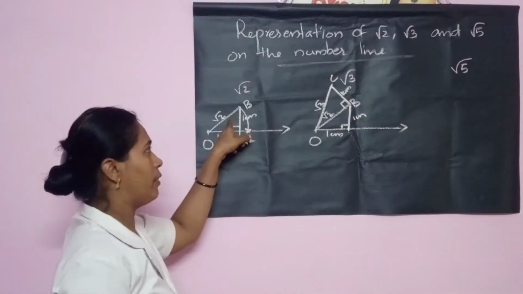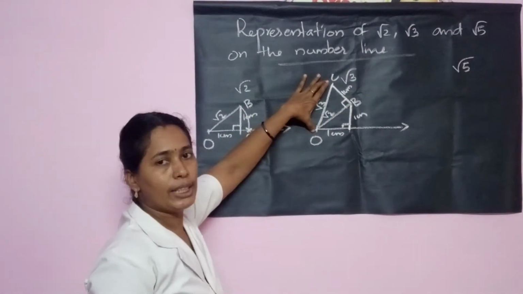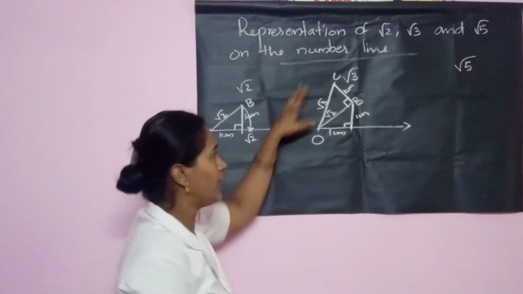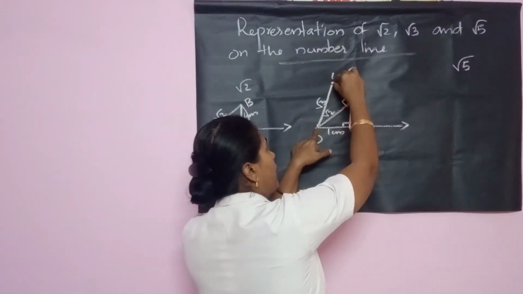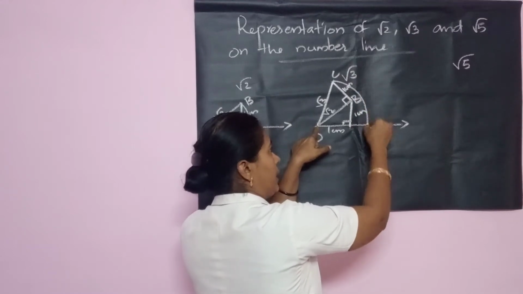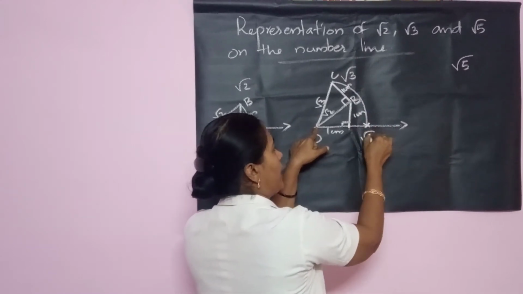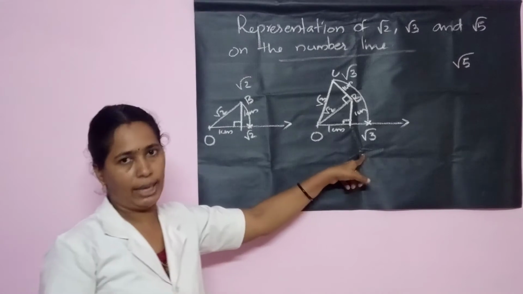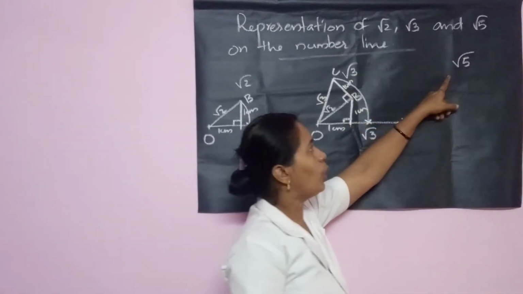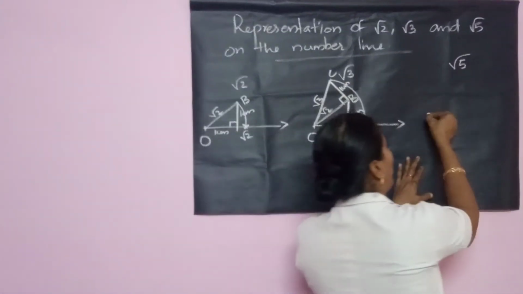Same as before, take your compass with this distance as radius, keep the center at O and complete an arc like this. This point is your root 3 on the number line. But when you want to draw root 5, there is a small and direct method.